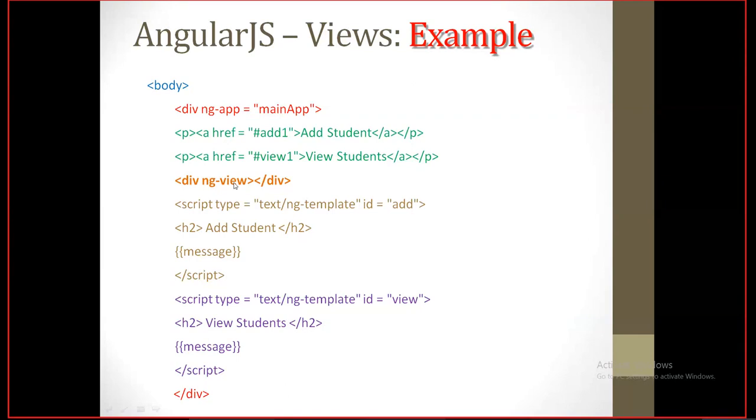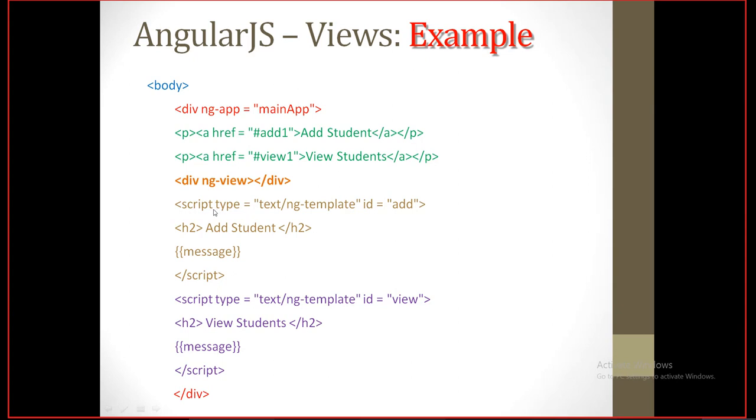directive. Okay, now as I told, after we have created the space for loading the new view, we need to create the views at actual, I mean, the target pages, right? We need to create them, and that we have to do with the help of the ng-template directive.